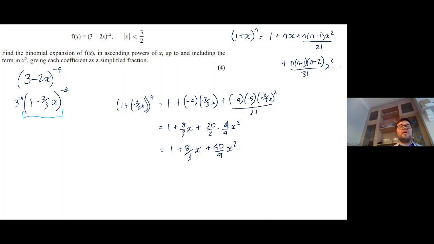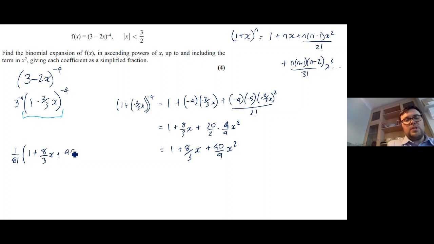Great. So now we've got the expansion from the blue part over here. We're then going to fill it back in, saying that 1 over 81 multiplied by 1 plus 8 over 3 x plus 40 over 9 x squared.